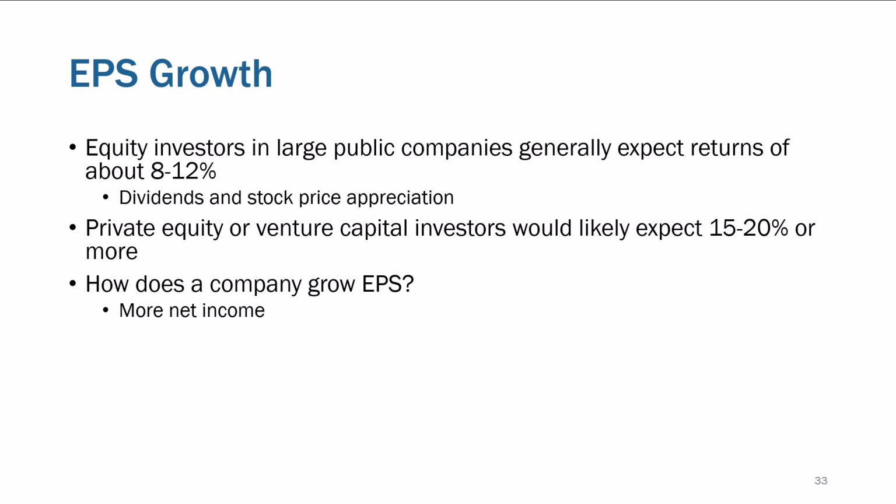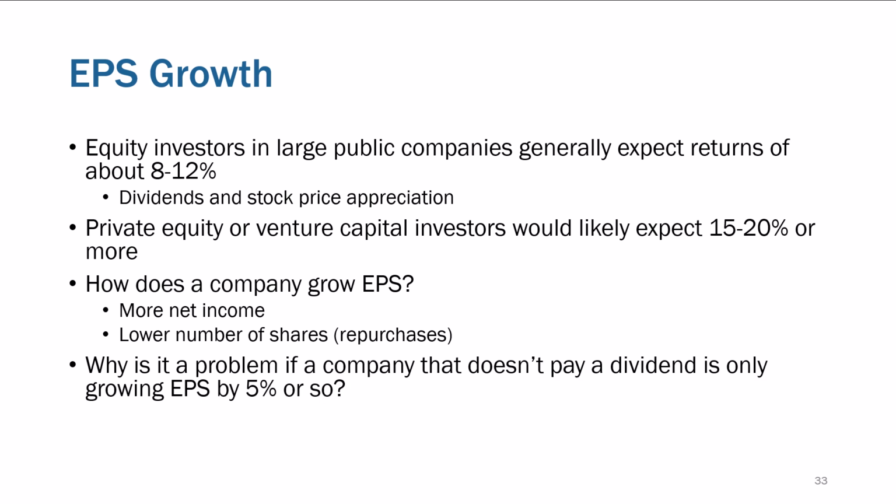Well, to grow earnings per share, we get more net income, or we have a lower number of shares outstanding through stock repurchases. So why is it a problem if a company that doesn't pay a dividend is only growing earnings per share by 5% or so? We try to think about what might be reasonable. 5% growth for a stable company sounds okay, right?